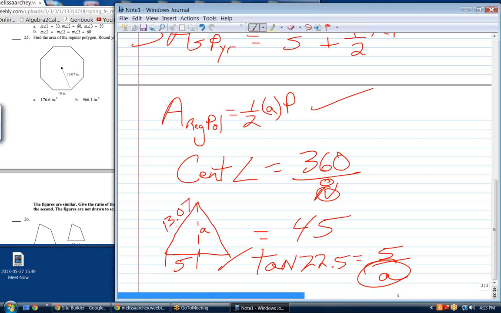So if I have the hypotenuse and I have this edge, which I have from just this information and that information, well, I can figure out the apothem without knowing that angle. Right. Because it's a right triangle, and I've got two sides of a right triangle, so I can always solve for A. So they didn't actually need to give us this dimension, 13.07. Notice that we didn't use it at all because we solved it using trig.